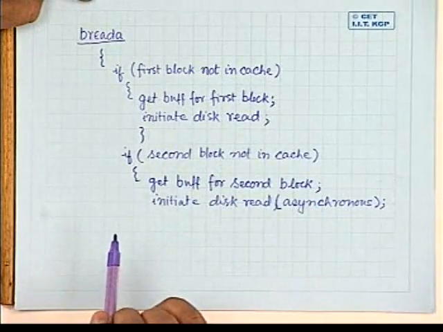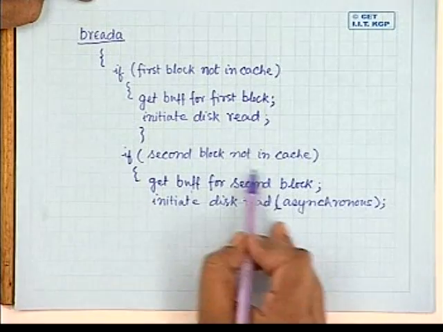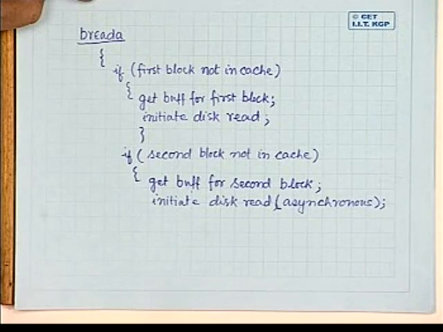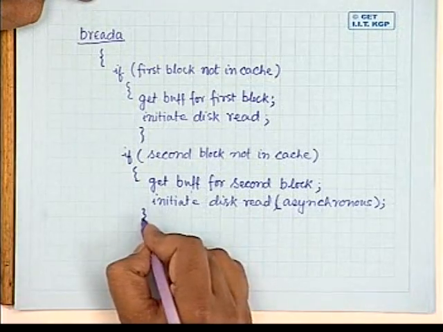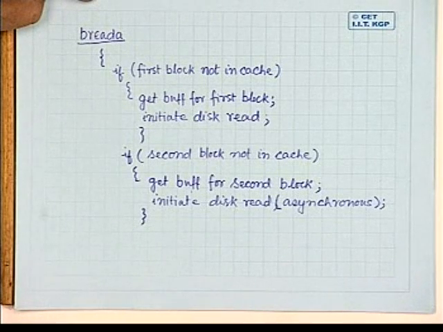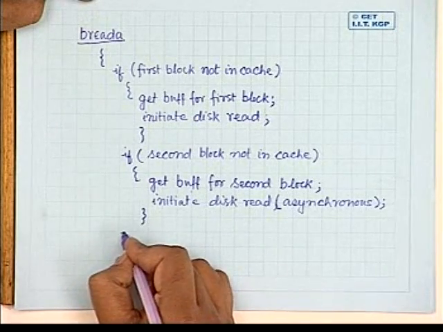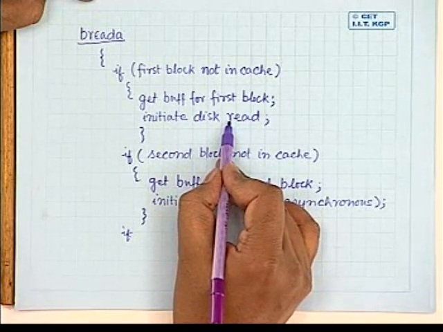But once the first block of data is available, the process can continue, and the read for the second block can continue in the background. So it simply initiates reading of the second block, and this read operation is asynchronous. And after that, here we have initiated reading the first block.